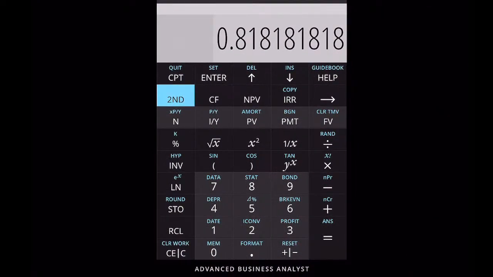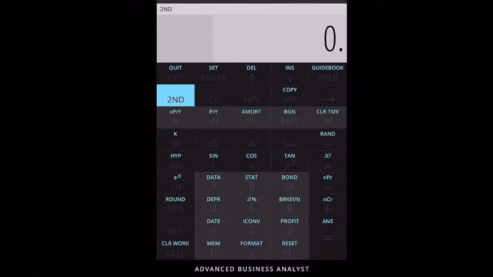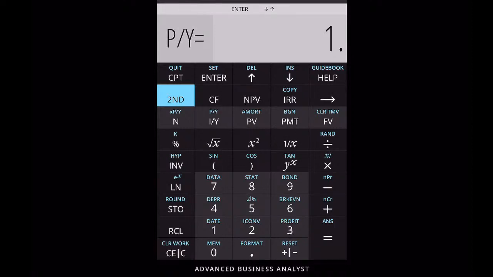So it's going to be, let me clear the screen. Second, P by Y, you see it over here? It's already set to 1, so that's not a problem. On the HP 10B2, it's usually set to 12 for some reason. That's what it seemed to be. So second, P by Y, 1, enter, which it already is, so that's fine.